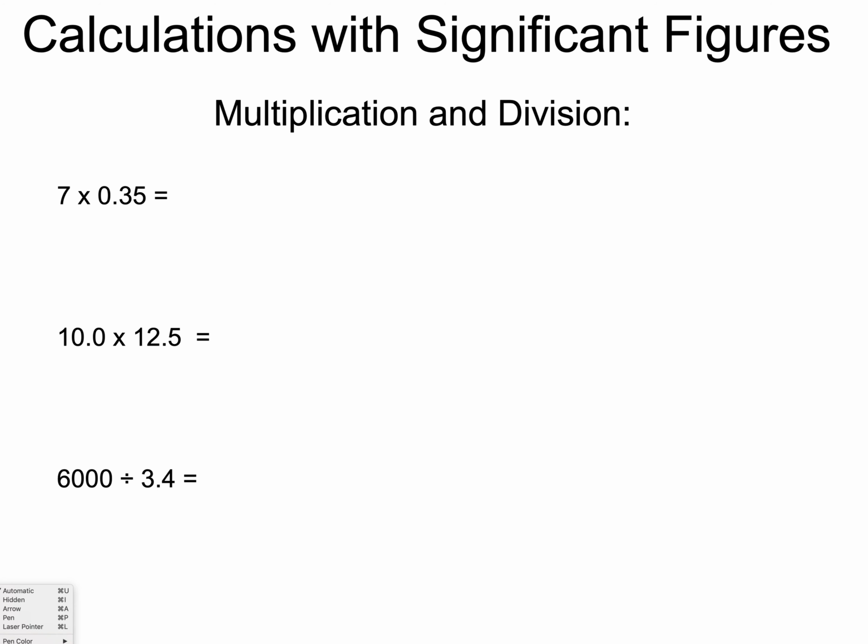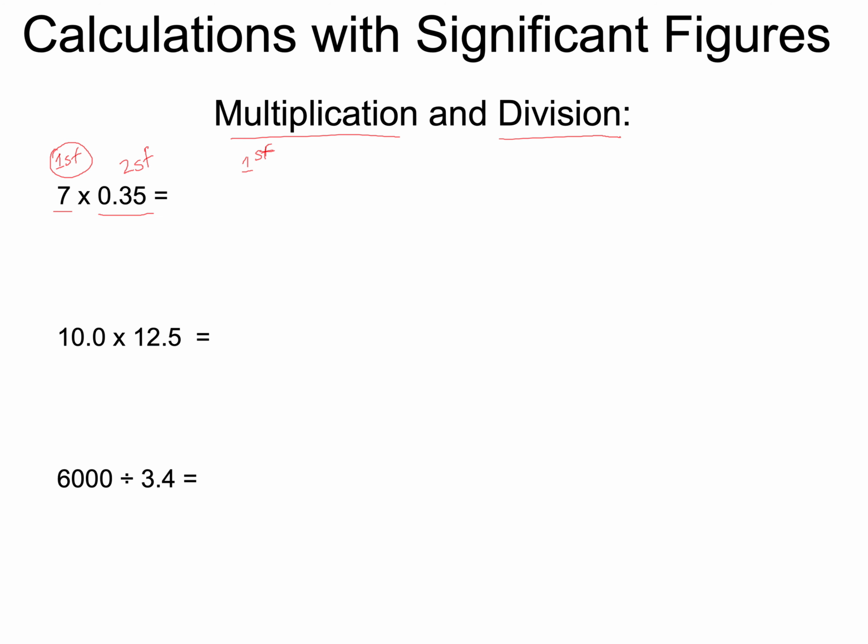The rule is that your answer has the same number of significant figures as the number in your calculation with the lowest number of significant figures. So for this, your 7 has one significant figure, and the 0.35 has 2 significant figures. Since 1 is the smaller of 1 and 2, your answer must be in one significant figure.